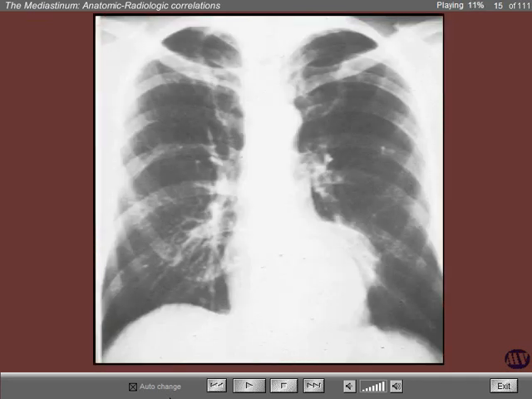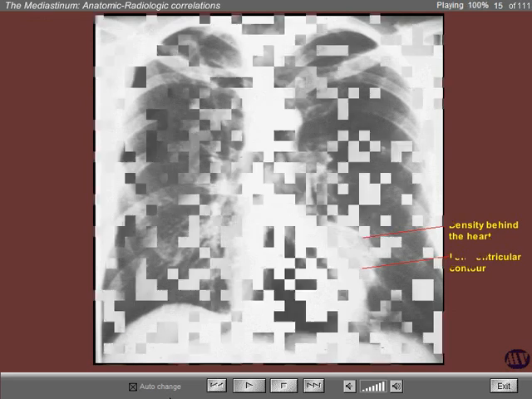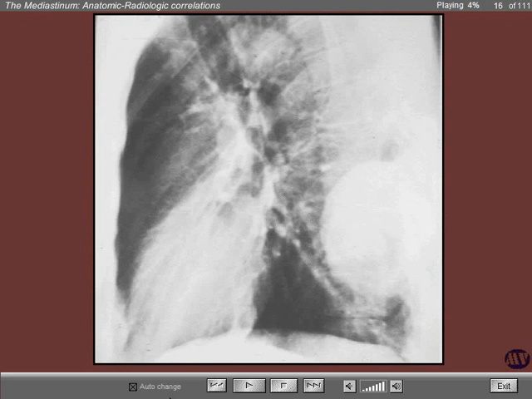This is a rare cause of a paraspinal mass. Note that the density we see in the frontal view is not in the plane of the heart because we can appreciate distinctly the left ventricular contour. When we see the lateral view of the chest, we confirm the paraspinal location of this mass.